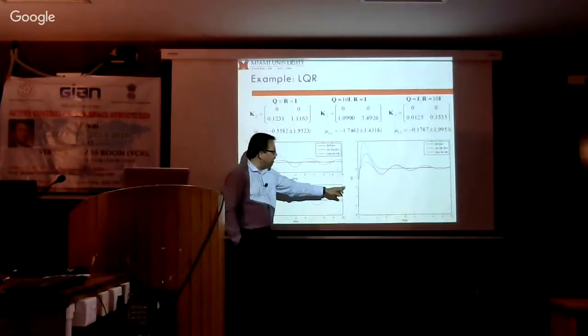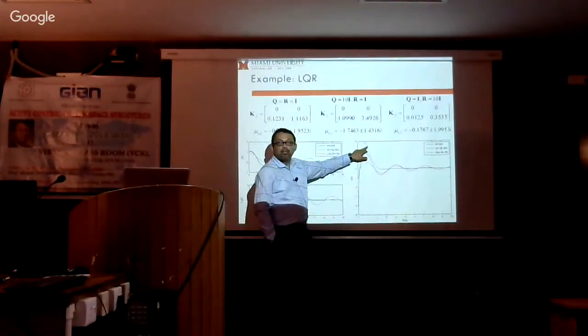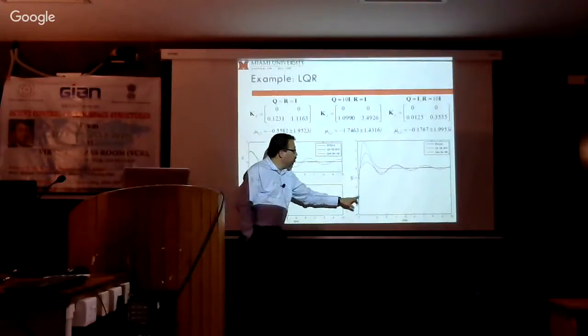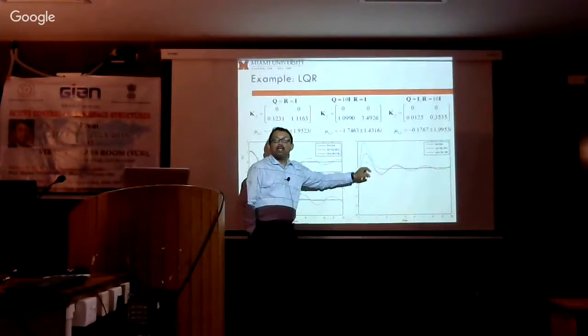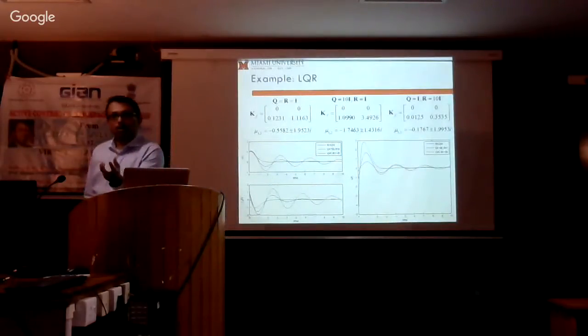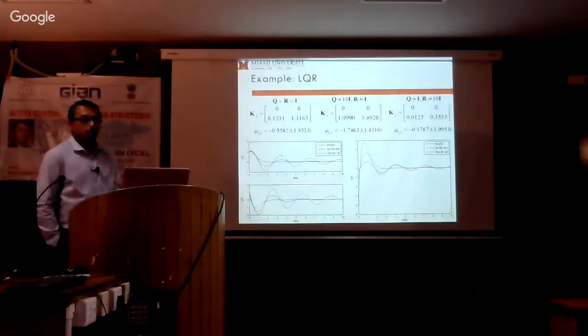It dies down, but it puts in more control effort. So you gain performance, as your system goes to zero more quickly, but you lose in terms of paying more energy and power to your actuator.